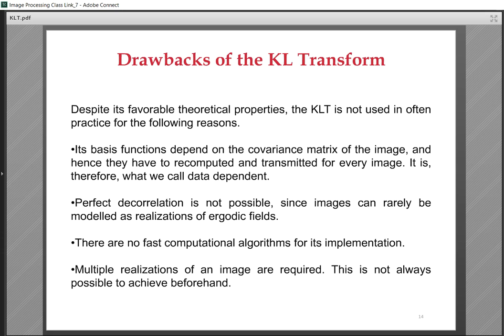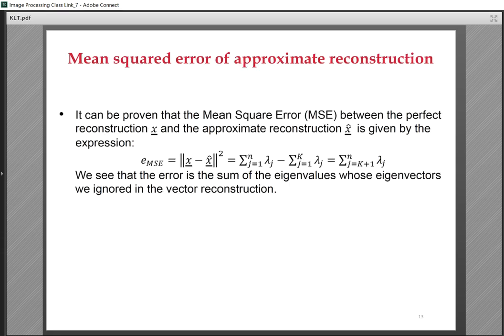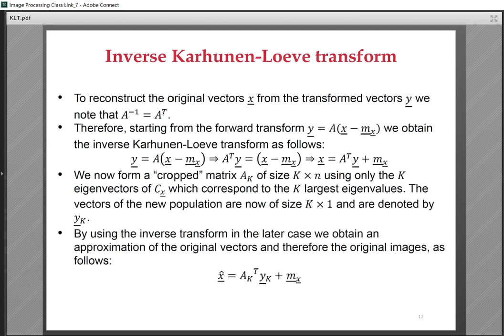Because we need to calculate the mean, mx, for the inverse transform. In the inverse, we had, for example, x hat equal to A transpose y plus mx.